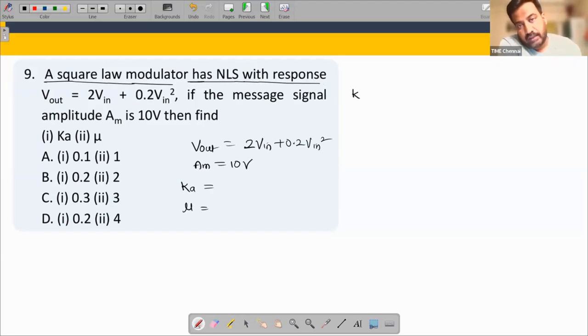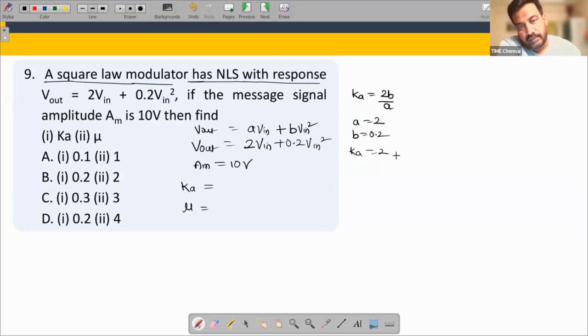How to find Ka? Ka is 2b by a. Here, V out is a V in plus b V in square. From this, a is 2, b is 0.2.